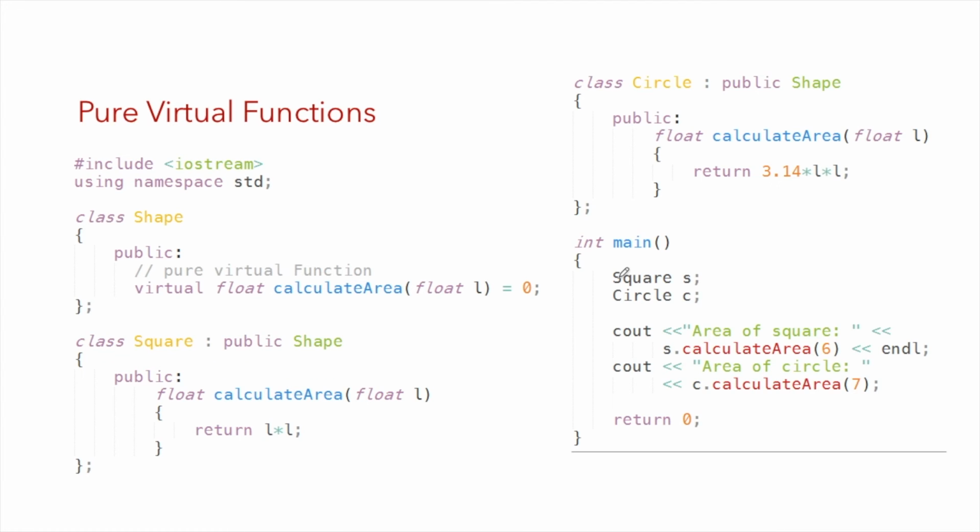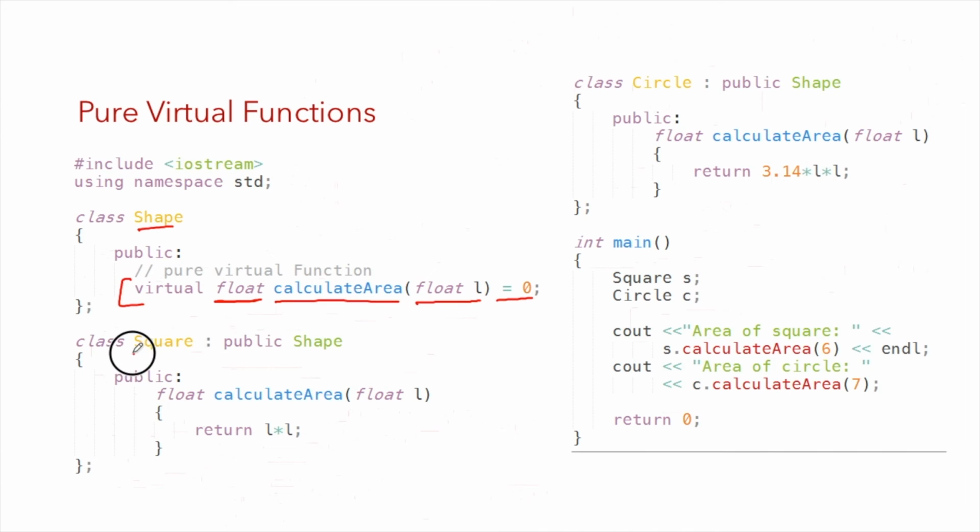So here is one example for the same. This is class shape, and inside the public section we have our virtual function which is returning a variable of type float, and then this is your function name, calculate area, to which one float variable is passed, and because of this equal to 0 we can say that it's a pure virtual function.